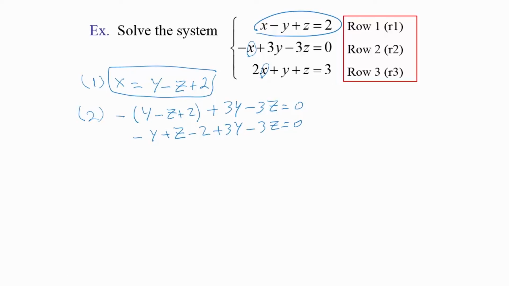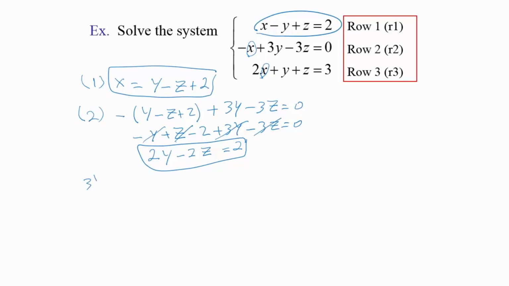Now I combine the like terms. I have minus y and plus 3y, that would be 2y. I have z minus 3z, that's minus 2z, equal, take the minus 2 to the other side, it would be 2. That's going to be the second equation.